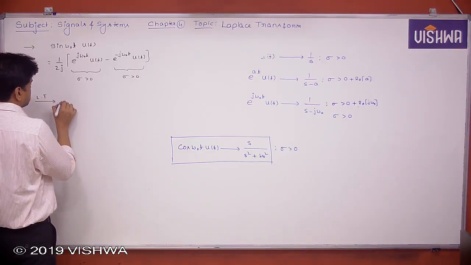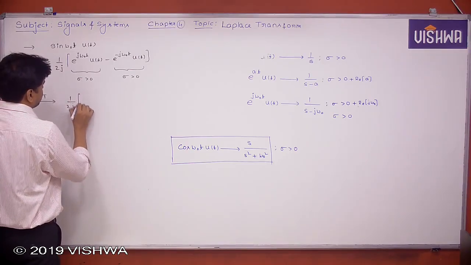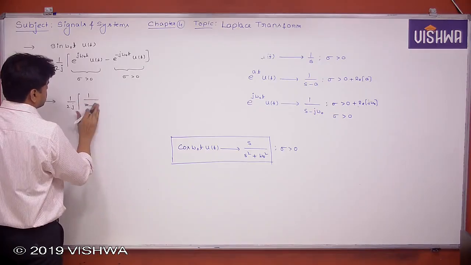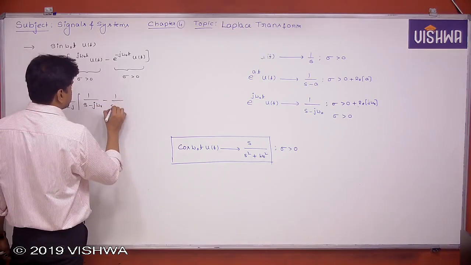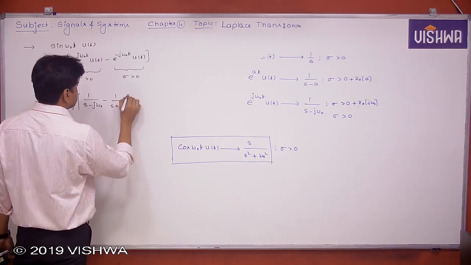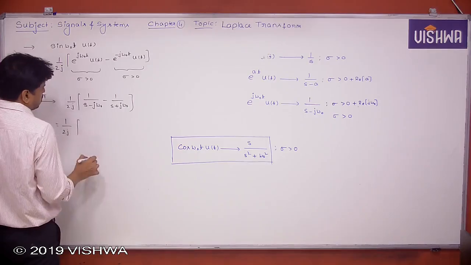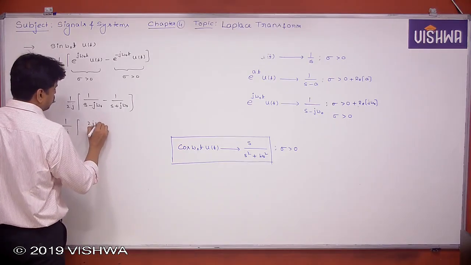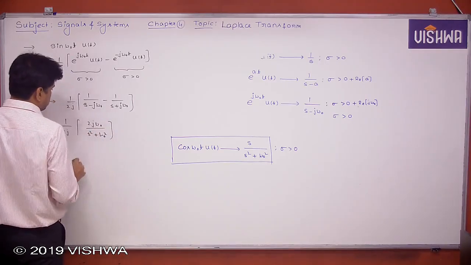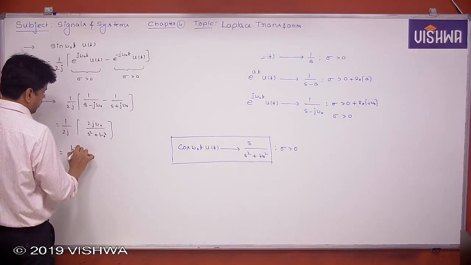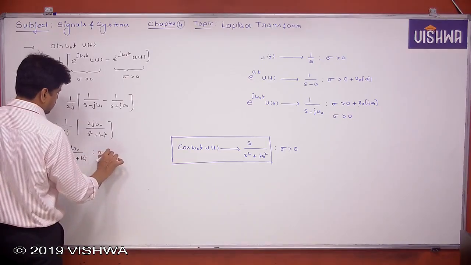Then what is the Laplace transform here? X of s equals 1 by 2j [1 by s minus j omega naught minus 1 by s plus j omega naught], that is equal to 1 by 2j times 2j omega naught by s square plus omega naught square. 2j gets cancelled, finally omega naught by s square plus omega naught square with ROC sigma greater than 0.